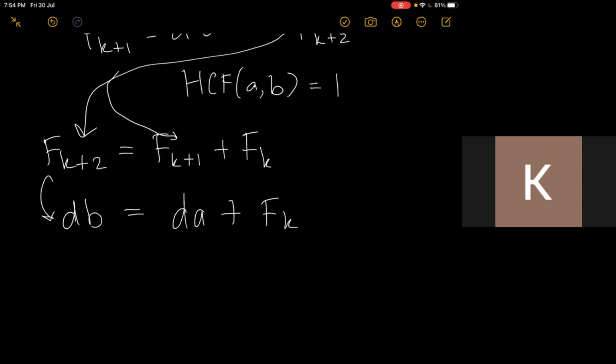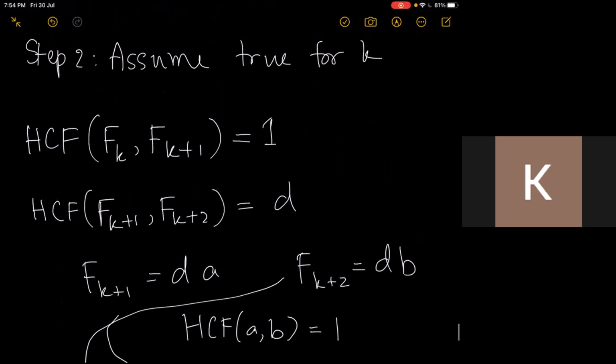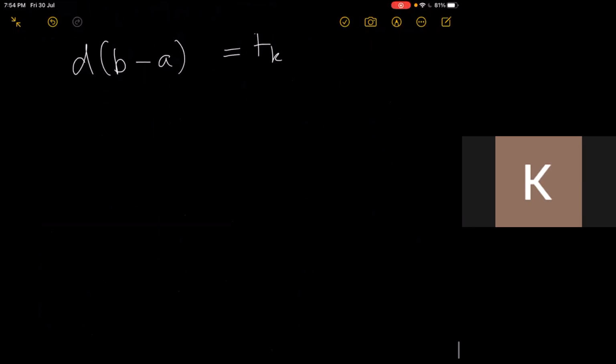So d into B minus A equal to Fk. Right. Now what did we assume? HCF of Fk and Fk plus 1, which is dA, equal to 1.